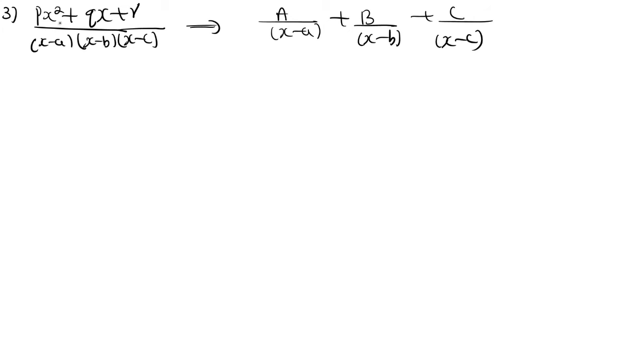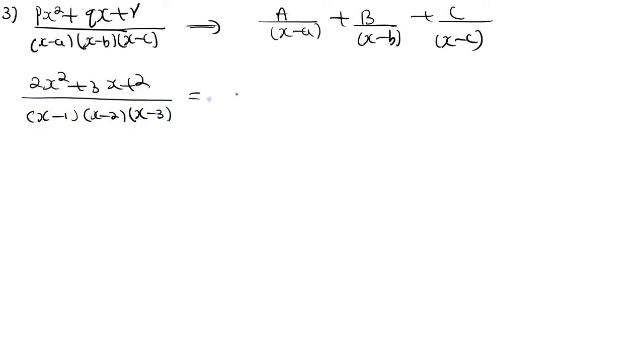See the next one, px square plus qx plus r by x minus a into x minus b into x minus c. You can write it as a by x minus a plus b by x minus b plus c by x minus c. For example, 2x square plus 3x plus 2 divided by x minus 1 into x minus 2 into x minus 3.